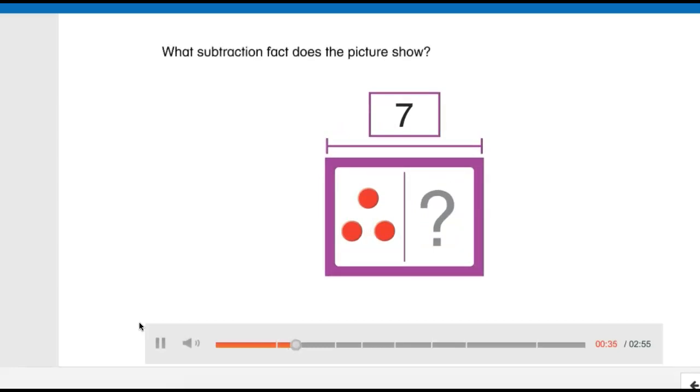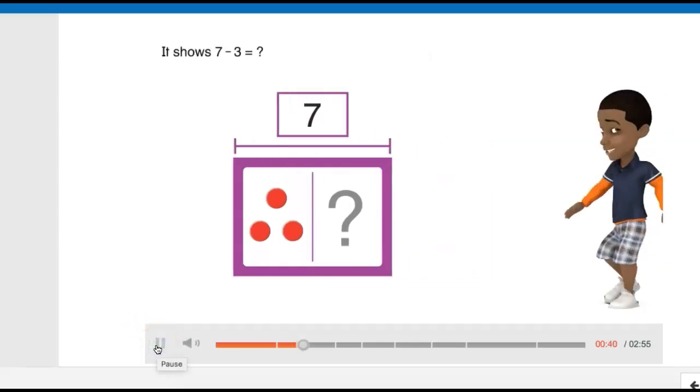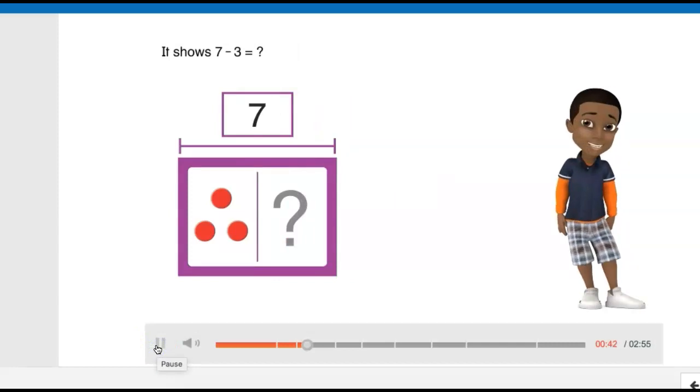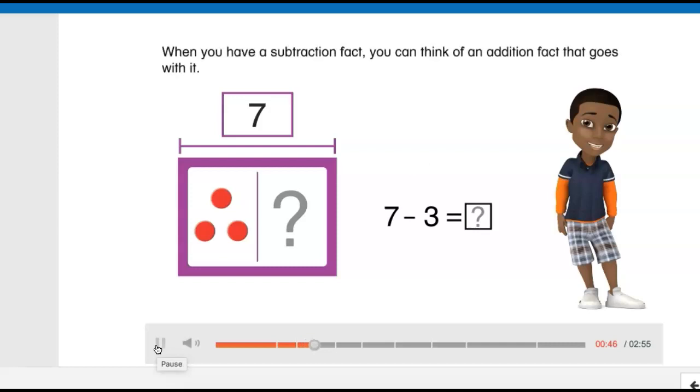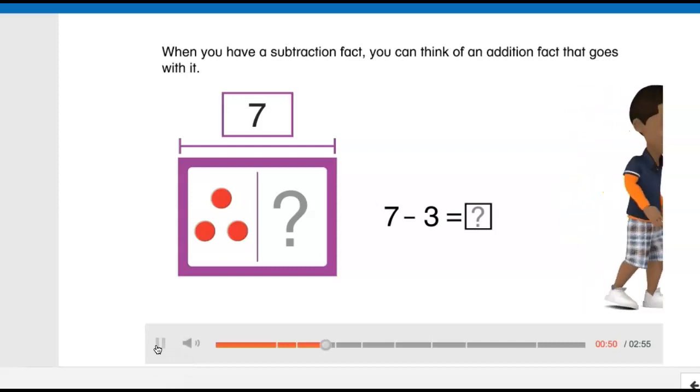What subtraction fact does the picture show? It shows 7 minus 3 equals what? When you have a subtraction fact, you can think of an addition fact that goes with it.